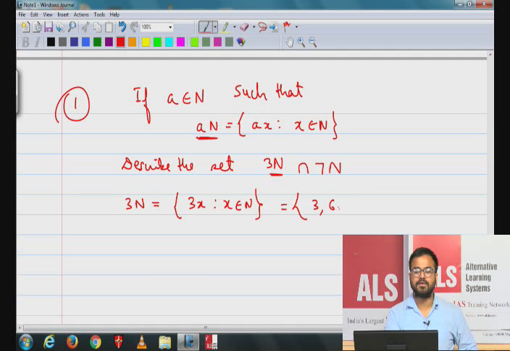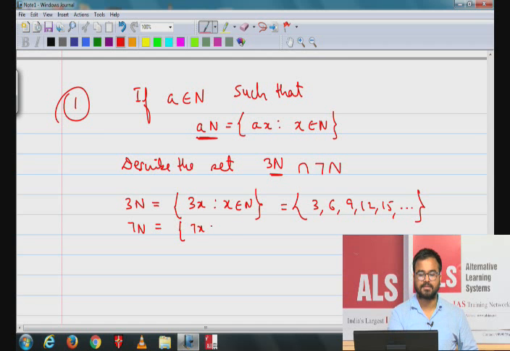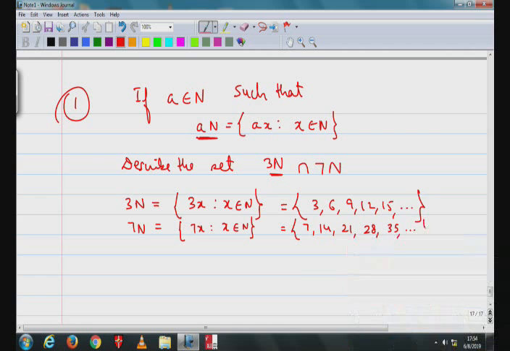So it will be 3, 6, 9, 12, 15 and so on. Similarly 7n. Now 7n means like this we can write 7x. So x is a natural number, so it means 7 times 1, 7 times 2, 3, 4, 5. So 7, 14, 21, 28, 35 and so on.